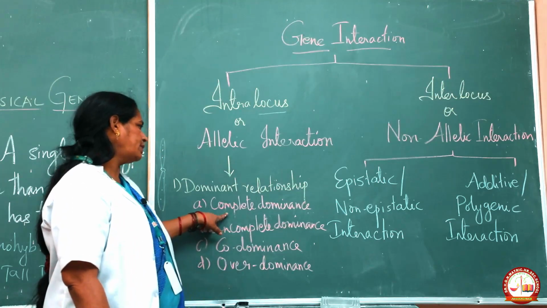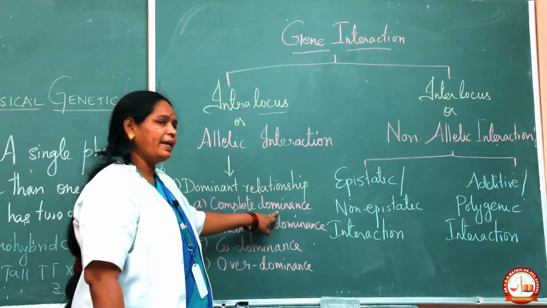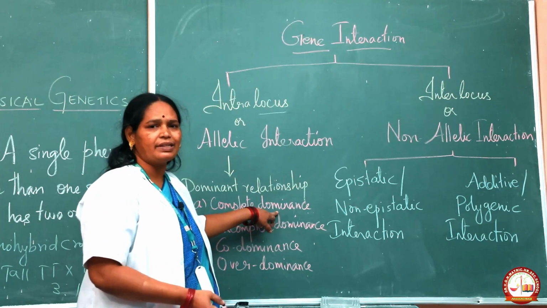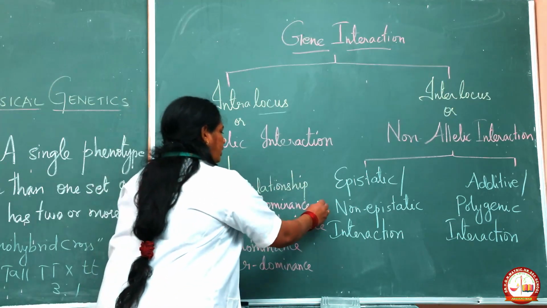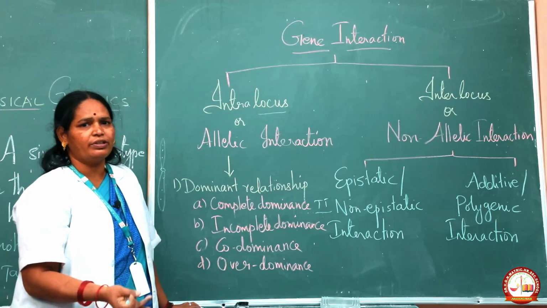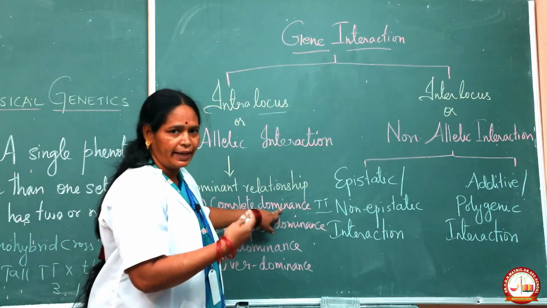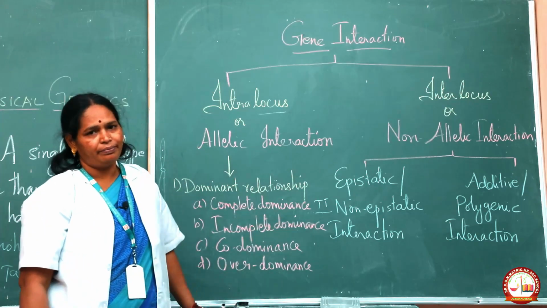For complete dominance, by the law of dominance according to Mendel, dominancy plays a vital role. In the F1, F2, F3 generations and so on, only the dominant character is expressed as the phenotypic character.